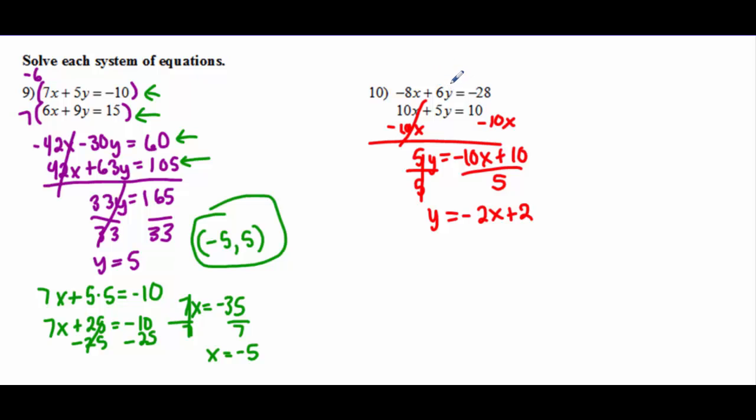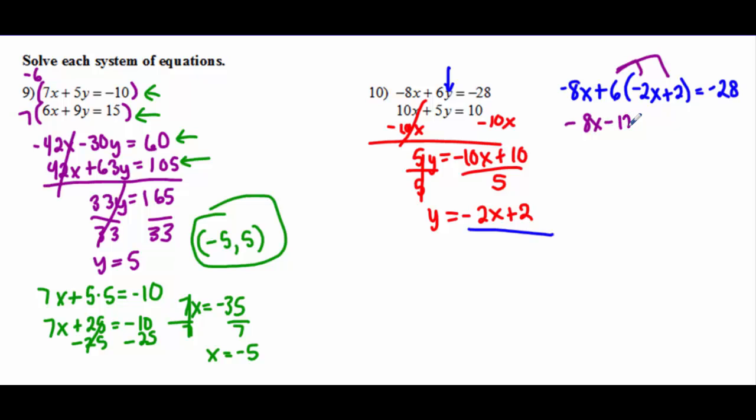What we do with that is we're going to use the other equation and put what we got right here, negative 2x plus 2, where y is. So that's negative 8x plus 6 times negative 2x plus 2 equals negative 28. So we're going to distribute 6, which gives us negative 12x plus 12.